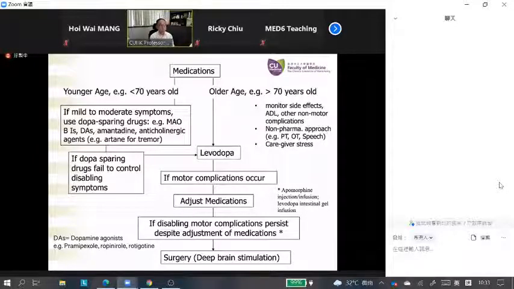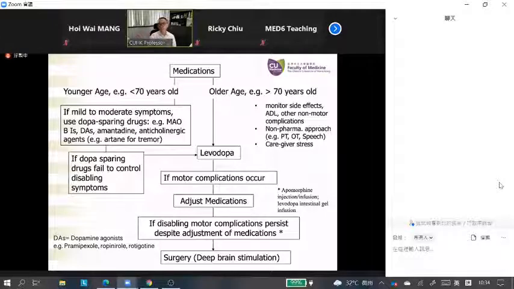We can try anticholinergic such as Artane, especially good for tremor. So nowadays, we try dopamine agonists first for younger subjects with mild to moderate disabling symptoms, to control the symptoms.